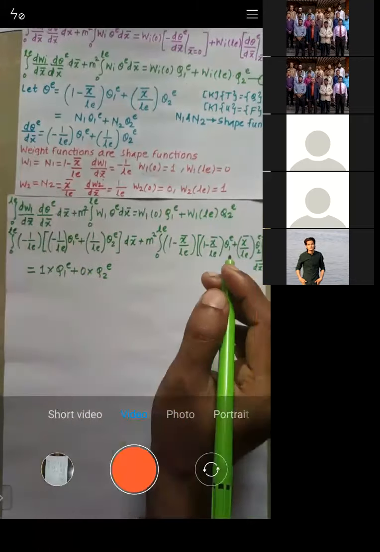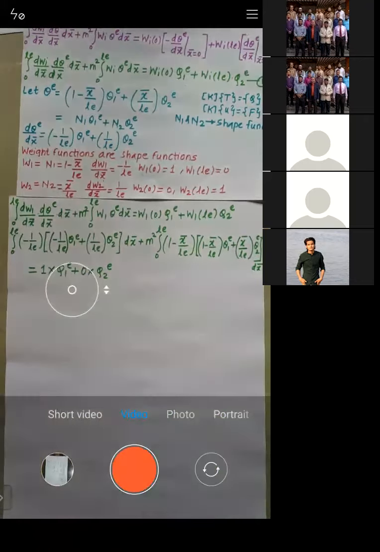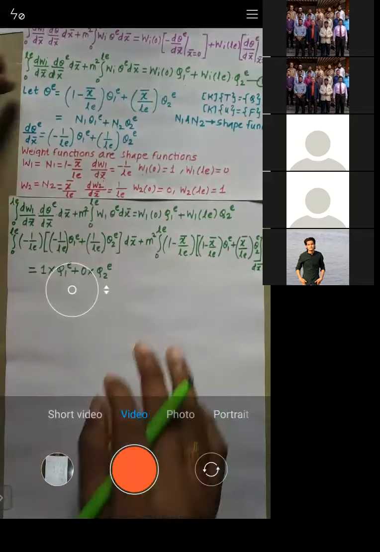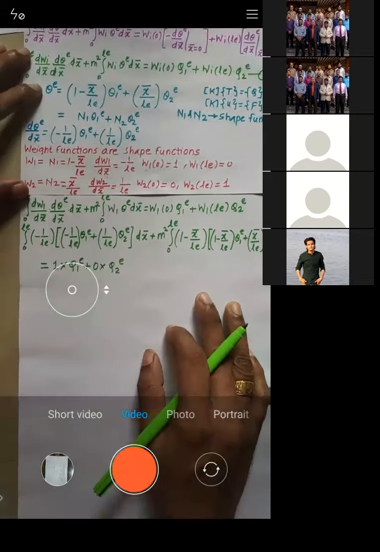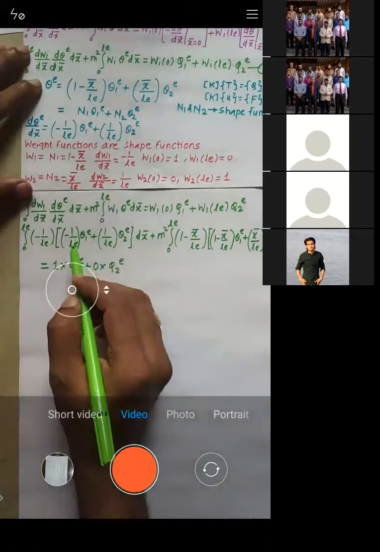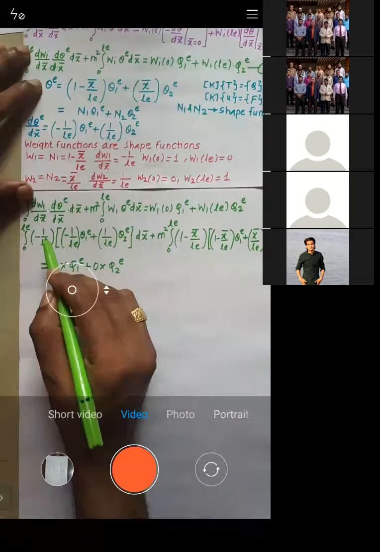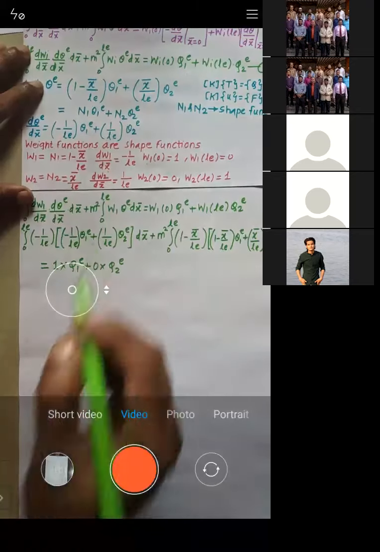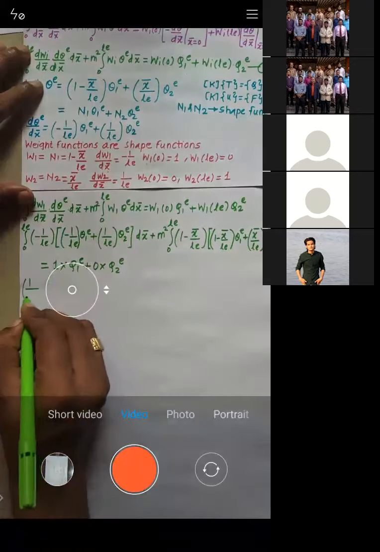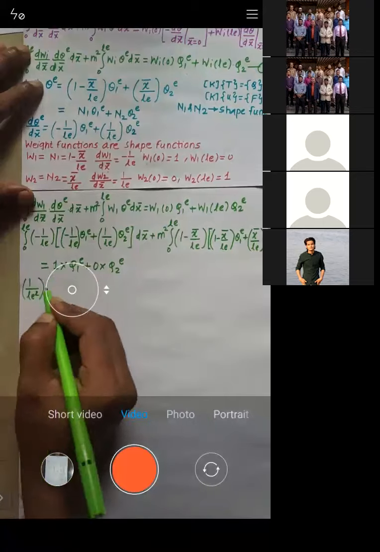So let us solve this equation. How will we solve it? Now see, all of you, if you take minus 1 by LE common, and this is minus 1 by LE, you will get 1 by LE square. That 1 by LE square will come out.